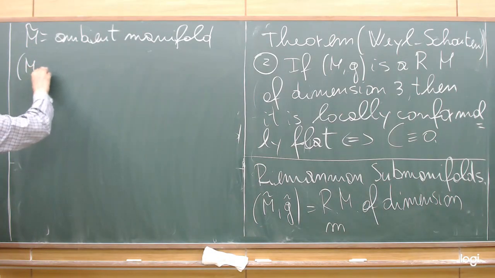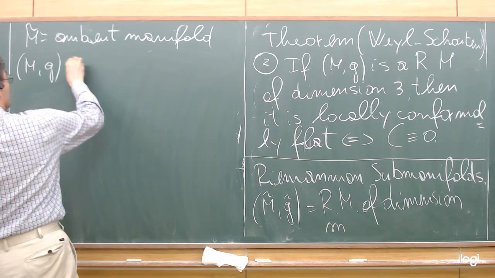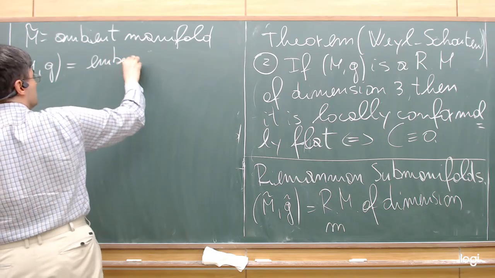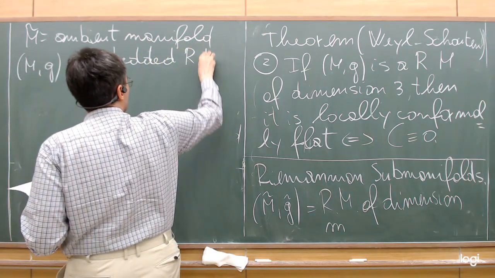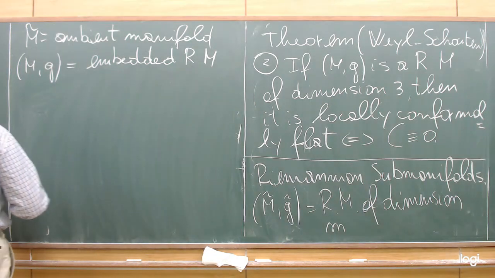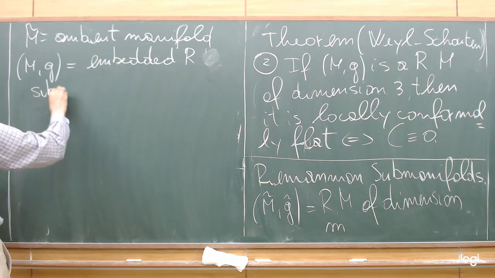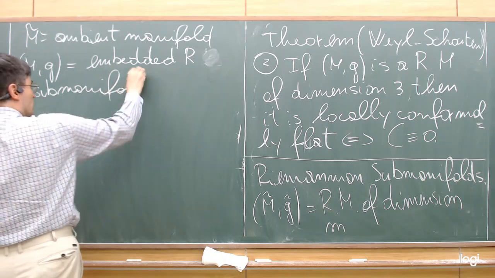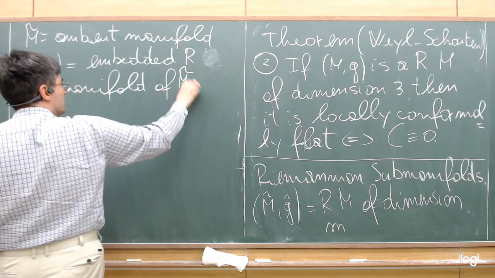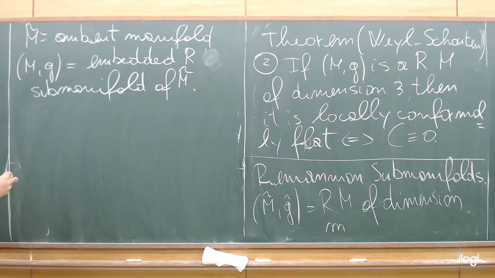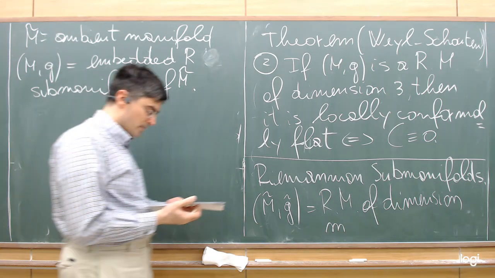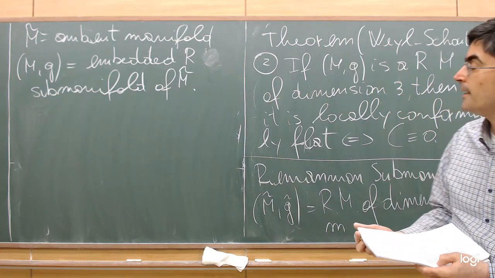I will suppose that (M, G) is an embedded Riemannian submanifold of M tilde, and our goal is to write down the relation between the Levi-Civita connections of M and M tilde.